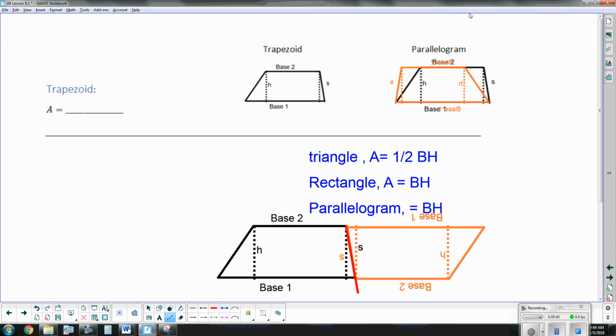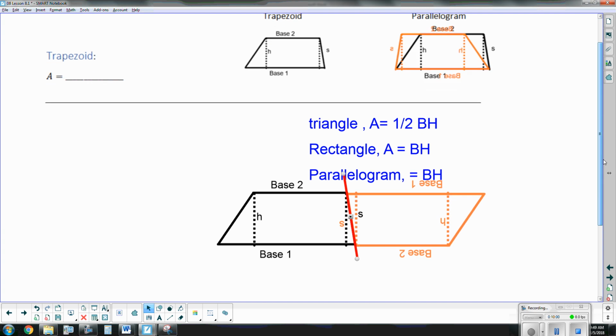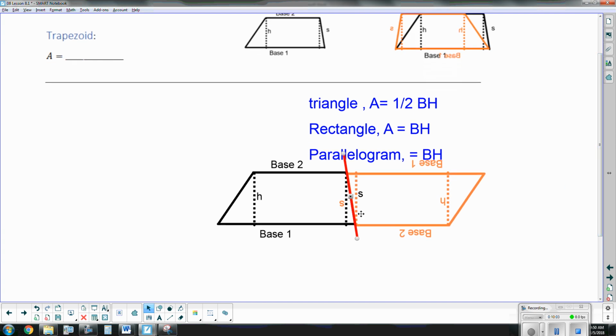They're not, like in your diagram here, they're overlapped, but just so you can see a little more clearly, if I take those two trapezoids and this red segment, that's side S for both of them, the shape I have now is a parallelogram. I have two trapezoids that form a parallelogram.